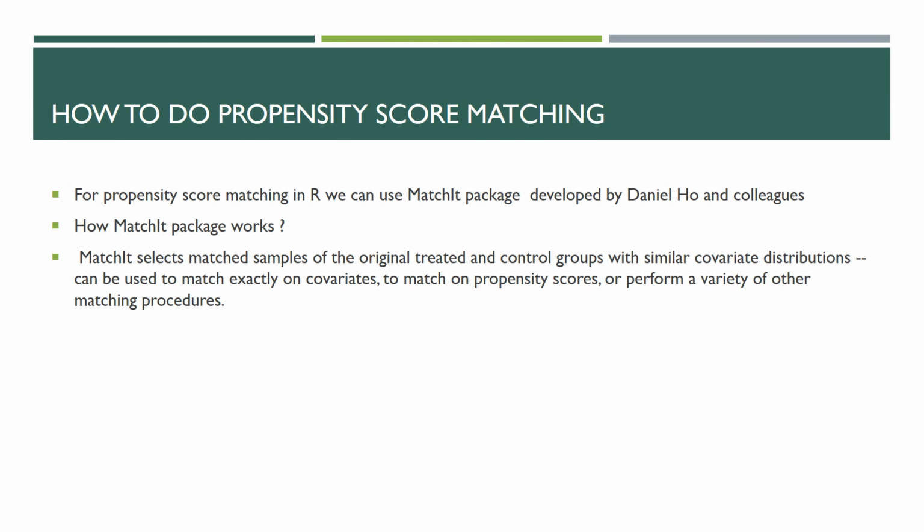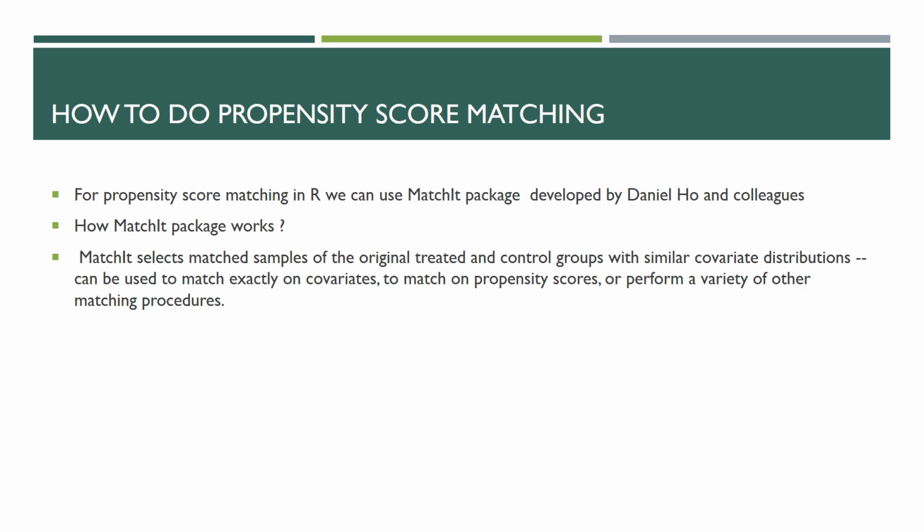How do we do propensity score matching? For propensity score matching in R, we can use another very useful R package called MatchIt. This was developed by Daniel Ho and colleagues. How MatchIt actually works: MatchIt selects matched samples of the original treated and control groups with similar covariate distributions.